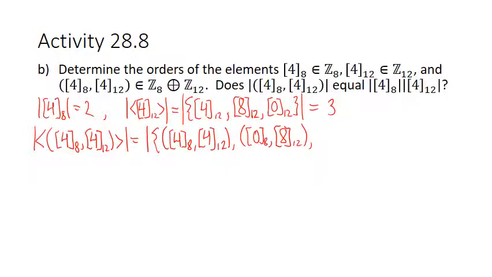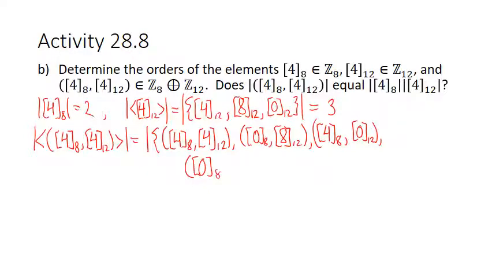Okay, and then the next one, so 3 times 4 is going to be 12, which is going to be 4 in mod 8. And then 3 times 4 is 12, which will be 0 in mod 12. Okay, so we have to keep going because we haven't gotten 0, 0 yet. So the next one will be 4 times 4, which is 16, which is 0 in mod 8.